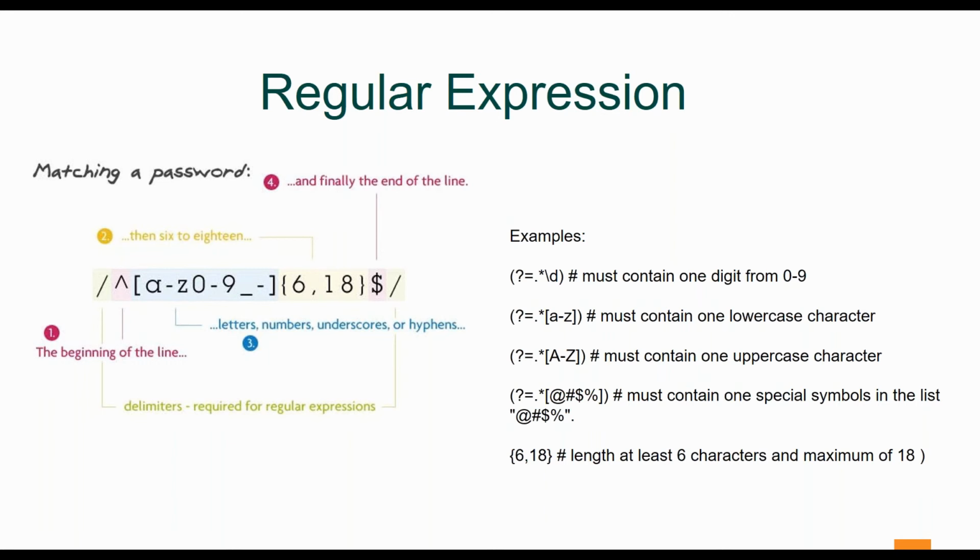And then the next expression must contain 1 special symbol in the list that is shown. And the last one is an expression that shows a length of at least 6 characters and a maximum of 18 characters. Again, these variables can be changed for your system.